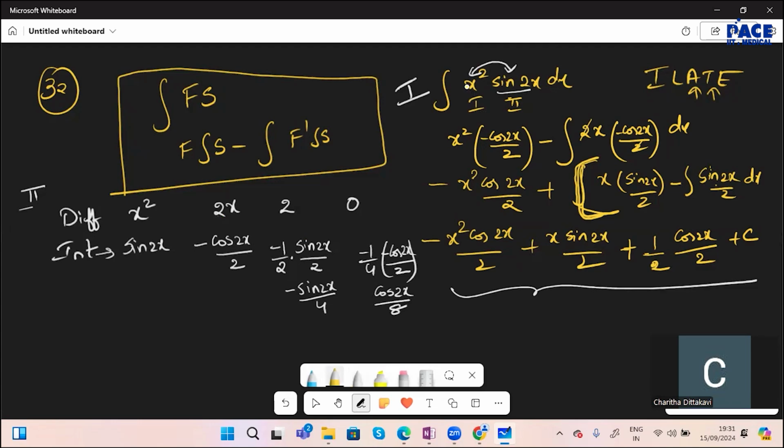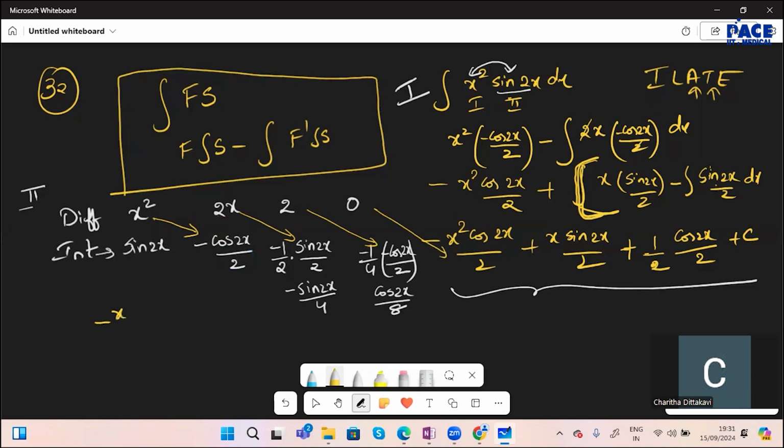Now observe the trick we are doing. Just go across way: x square into this, 2x into that, 2 into this, 0 into, obviously the next term. I'm not writing it because it is anyhow 0 into. Clear? So please write it down after this. So the final answer is what I am writing now. Understand, x square into this cross.